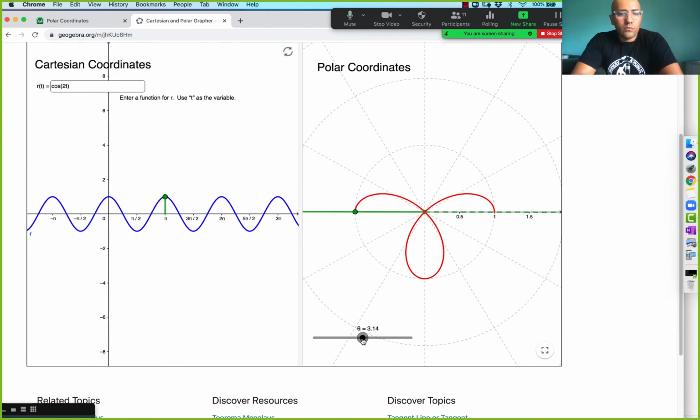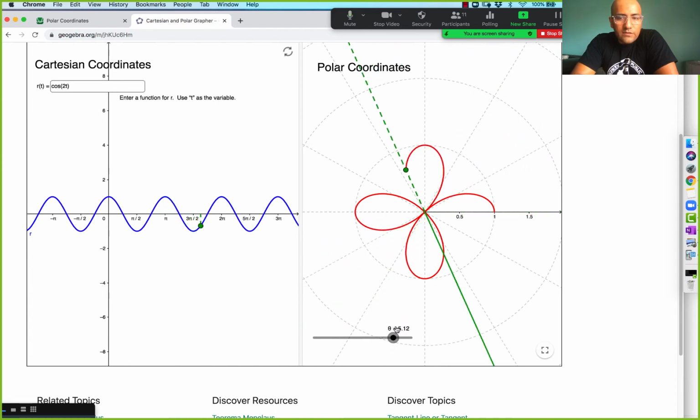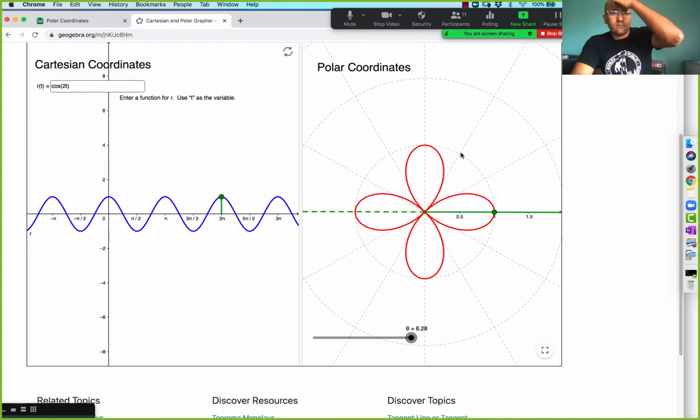So this is what I tried to do by hand. And that covers one whole period of cosine. Good. And now as we keep going to cover the next period of cosine, we see that it will do this. So it ends up being like a little flower. Any questions?